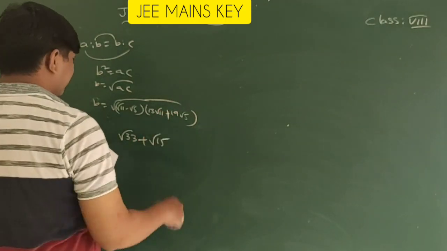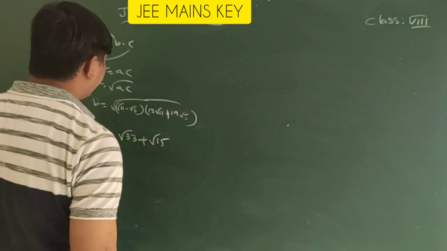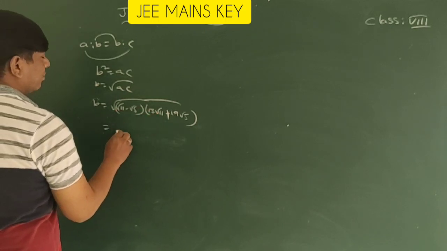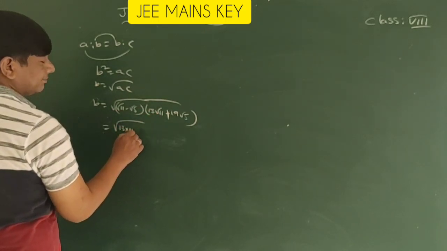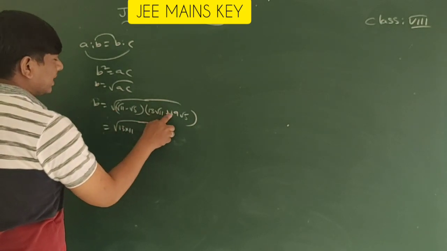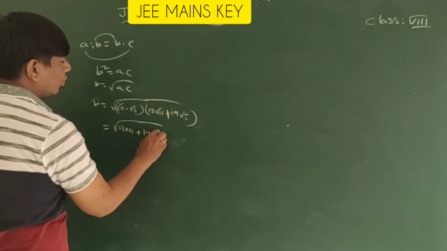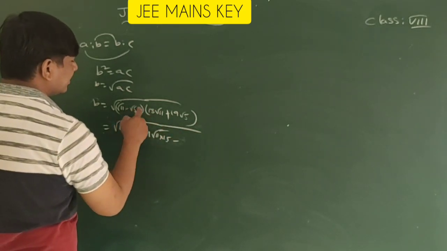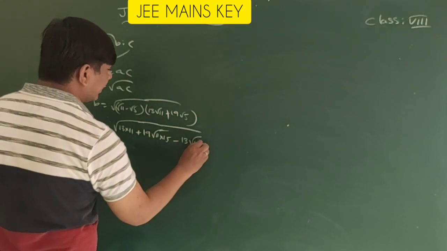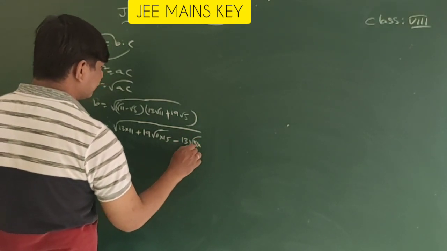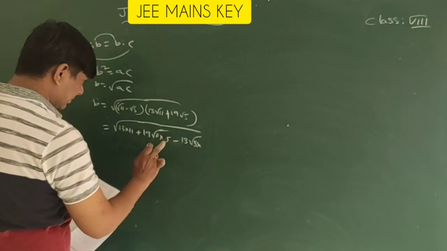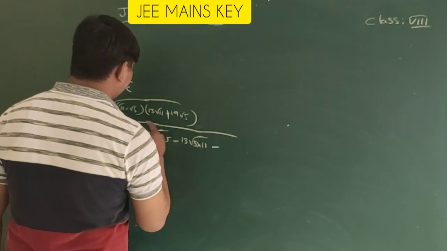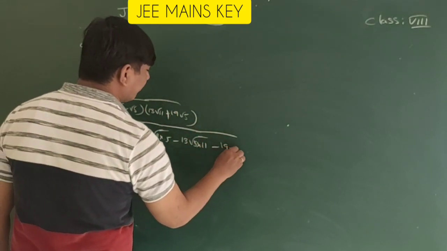Sorry, it is plus. So this square root only we have to find out. Root 11 into 13 root 11 is 13 into 11. Plus into plus is plus, 19 into root 11 into root 5. Minus into plus is minus, 13 into root 5 into root 11. And 5 into 19 with minus into plus is minus, 5 into 19.